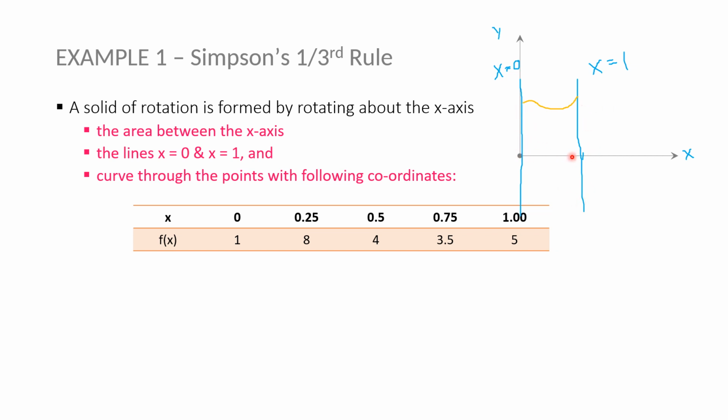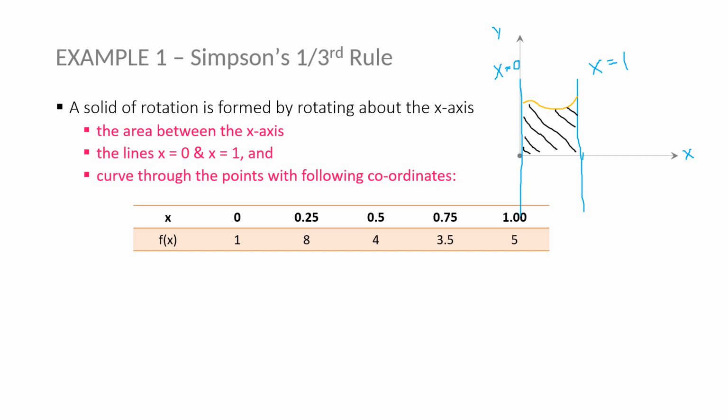So this area is restricted by the x-axis from below, by the x equal to 0 line from left, by the x equal to 1 line from right, and this curve from top. Okay, so let me hatch the area. So that area is restricted or constrained by those four lines, and there is a solid obtained by rotating that area.